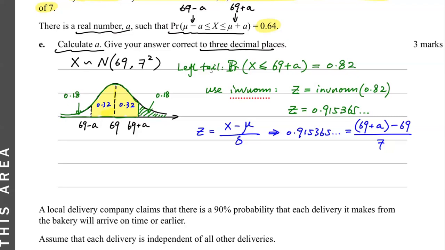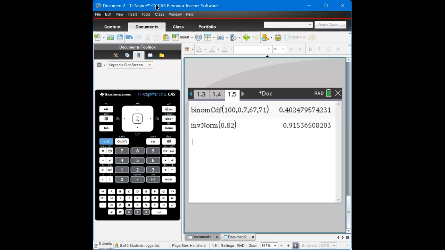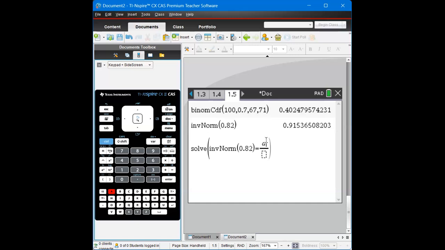So getting back to the CAS calculator, we can use inverse norm rather than the actual value here. 69 plus A minus 69 is A, divided by 7, comma A. So the A value is, correct to 3 decimal places, 6.40755555, etc. So it's 6.408.